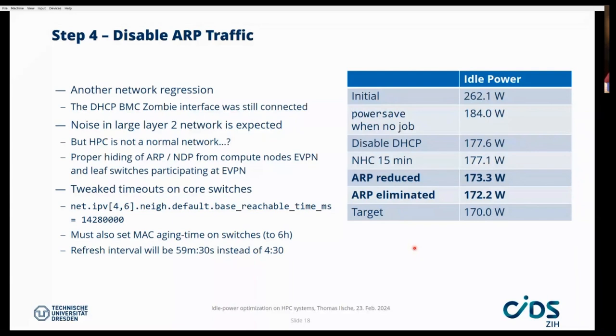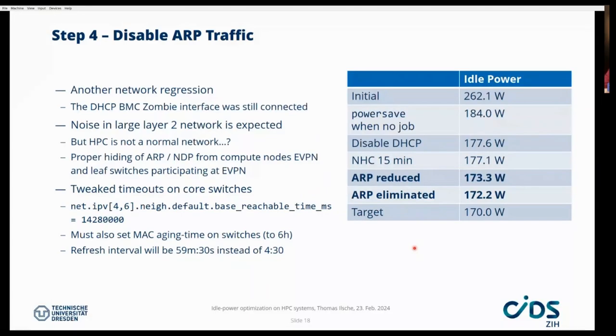Now, from the network people we talked to during this process, it is expected to have some sort of noise for management traffic, for DHCP and ARP and whatnot, in these kinds of layer 2 networks, or in common large layer 2 networks. But I would argue that HPC systems are not necessarily a classical layer 2 network.